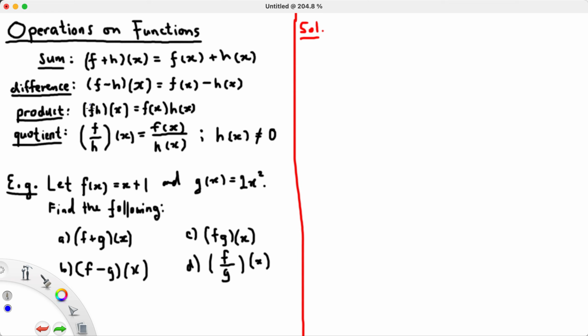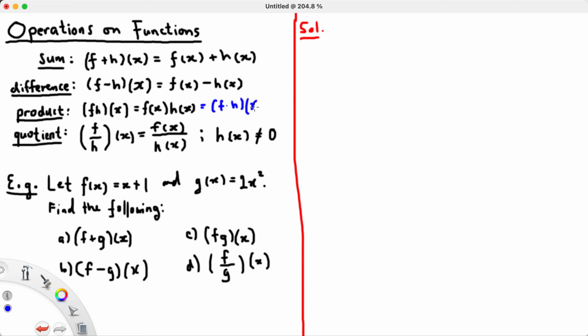In the product rule, we have f times h of x. Some books like to put a raised dot and write it like, for example, the open parenthesis f times h of x.